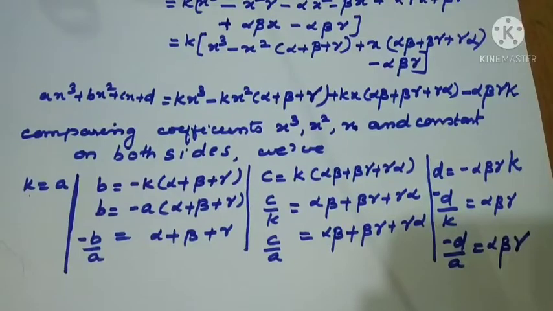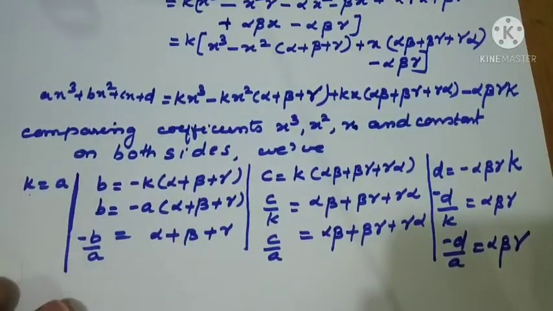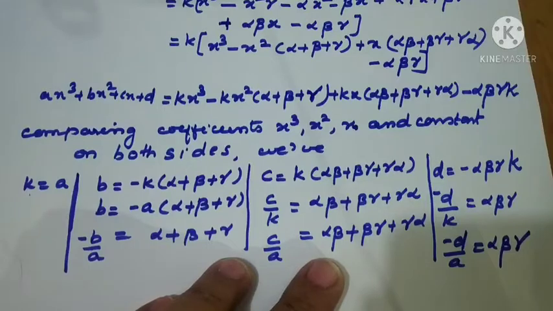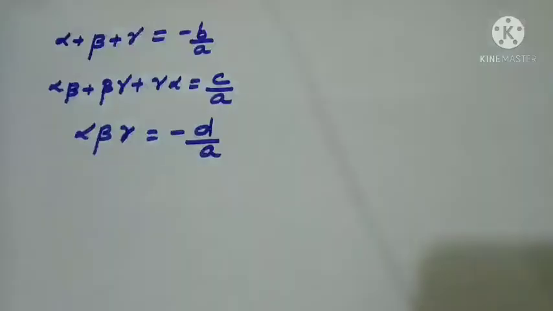So while comparing the coefficients, the sum of the three zeros we got is minus b by a, and the sum of the products of the zeros taken two at a time equals c by a, and minus d by a means the product of the three zeros.